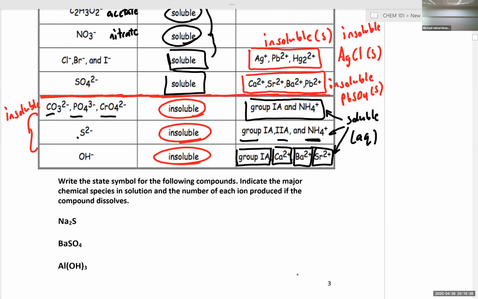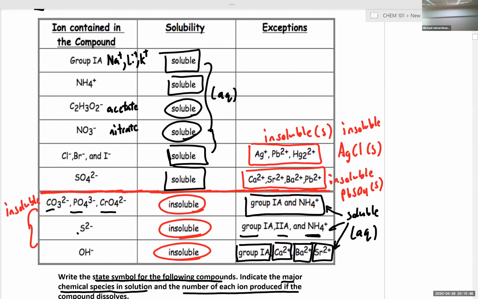Now, things are best learned via practicing, so let's apply this solubility table. So let's write the state symbol for the following compounds and indicate the major chemical species in solution and the number of each ion produced if the compound dissolves. So you're going to help me out on this, and I'll start off with the first one. Sodium sulfide, okay? So I'm going to look at my table, and my question to all of you, sodium sulfide, does it match any of the ions on this list? Where should I look first? The group 1A column or the sulfide column? Where do you want me to start? 1A, okay?